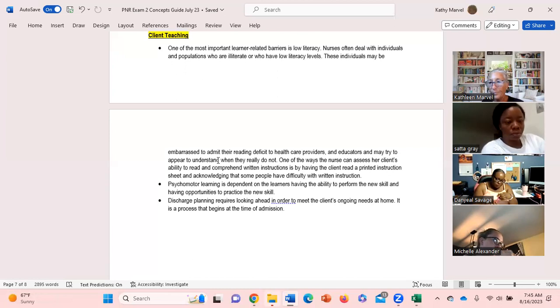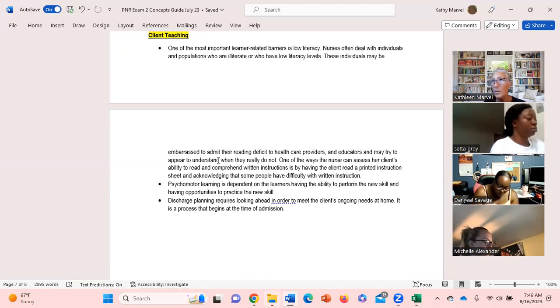We all learn in all those 3 ways. Cognitive is your thinking about the material, taking it all in. Your affective is how you feel about it. Let's say you're teaching clients about a certain topic that may be controversial. How do they feel about it? That's going to affect their learning.